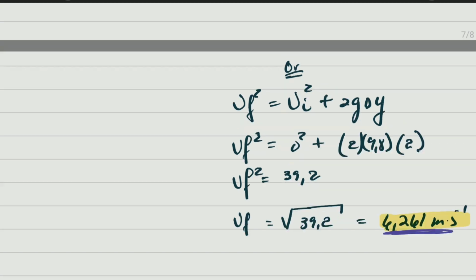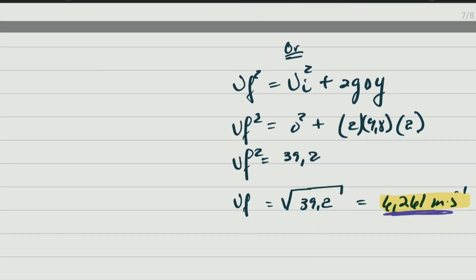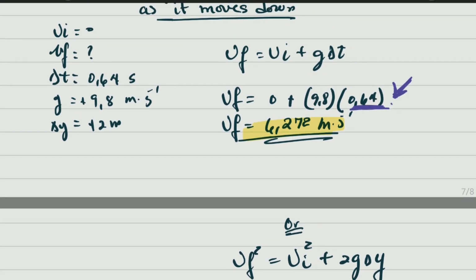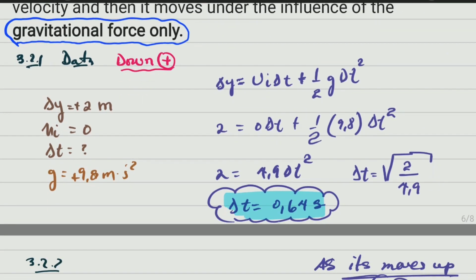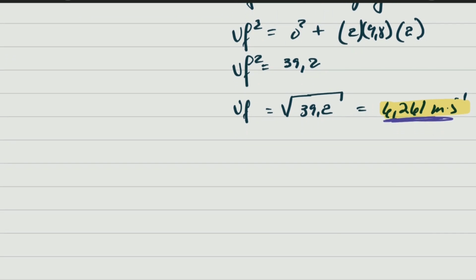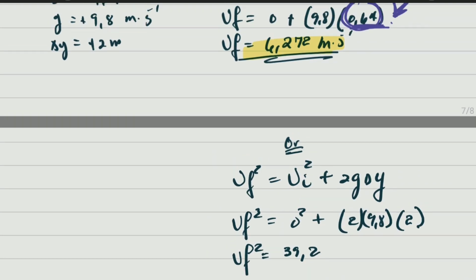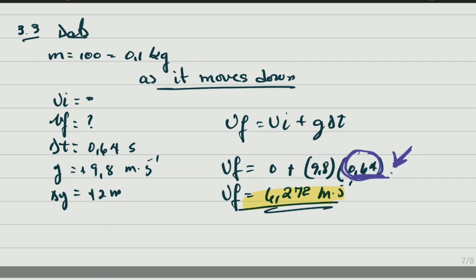But I want you to notice that it's a tiny difference if you use any of those formulas in the decimals, and that tiny difference comes from the answer being rounded off when we calculated in the very first question here. So we're going to stay with the final one because I think it's a little bit more accurate. But if you used this one, you will not have an issue, guys. It won't be a big problem here.